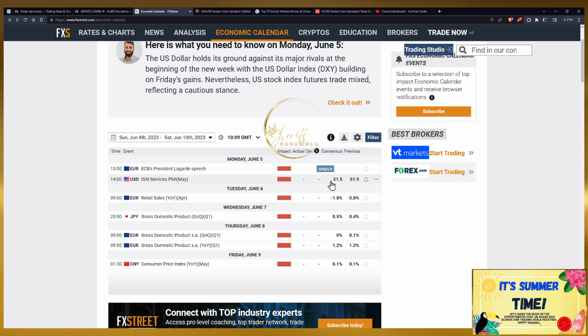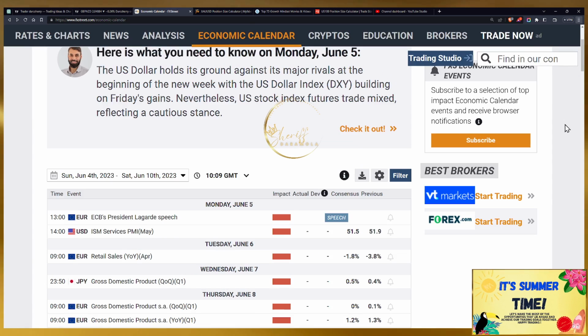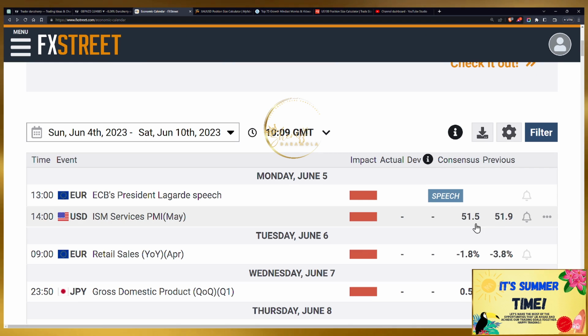From the previous data we have here, we have 51.9, that was the previous data, and we have a general consensus projecting 51.5 for the month of May. So we are going to be looking forward to what the actual data is going to be like. Will it be just as projected, beyond projection, or even below projections?